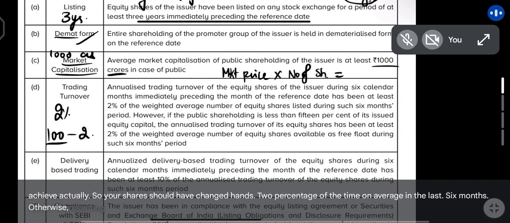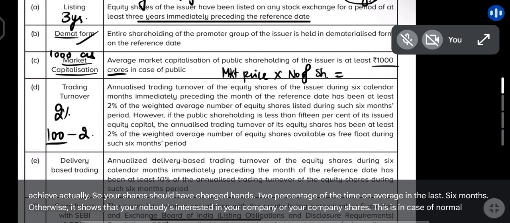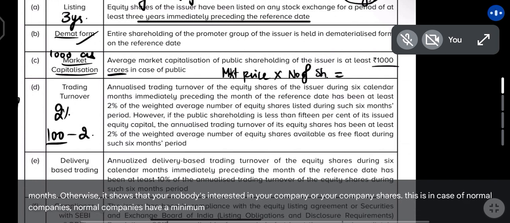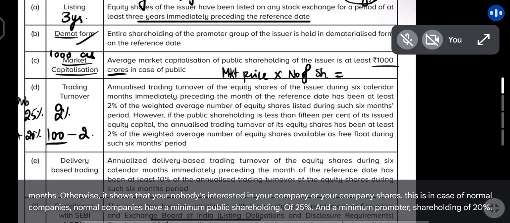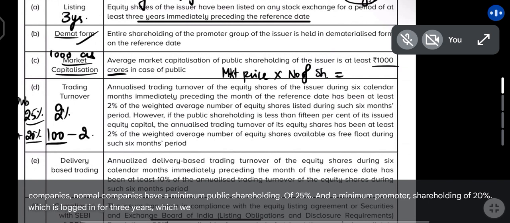Otherwise, it shows that nobody's interested in your company or your company shares. This is in case of normal companies. Normal companies have a minimum public shareholding of 25% and a minimum promoter shareholding of 20%, which is locked in for 3 years, which we saw day before yesterday.